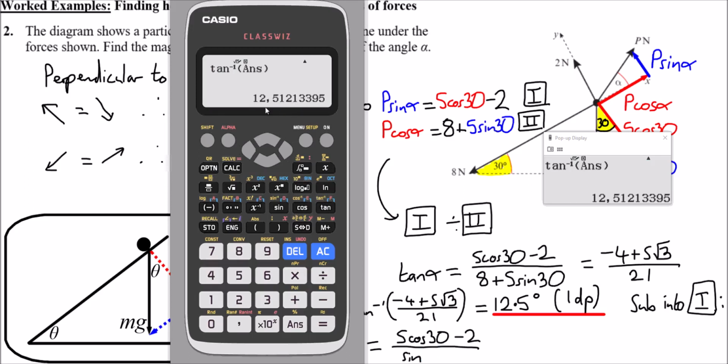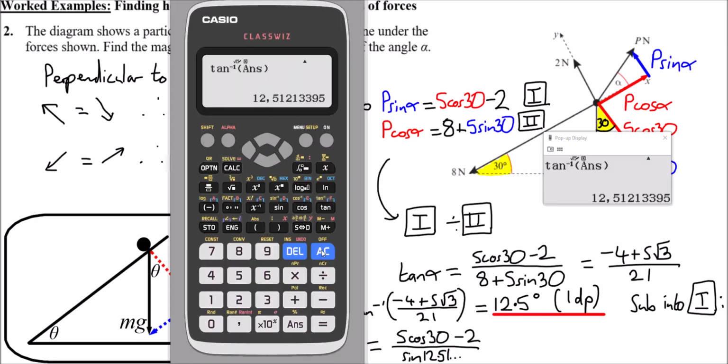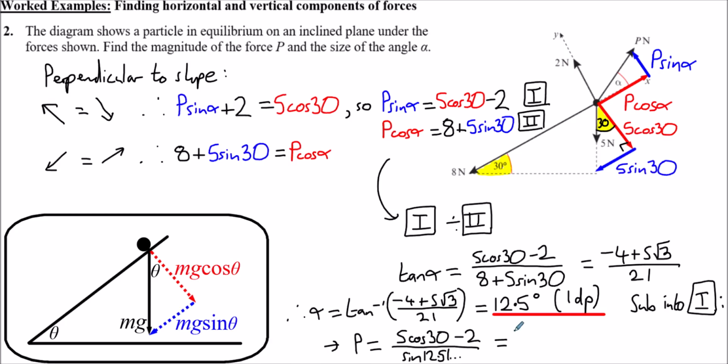So use the exact value on the calculator, so sine of 12.51..., just to make it clear that we're going to use the exact value of this angle. So we have 5 cosine 30 minus 2 divided by sine of that answer stored in my calculator, and that gives me three significant figures, 10.8. So P, the magnitude of P, is 10.8 newtons.